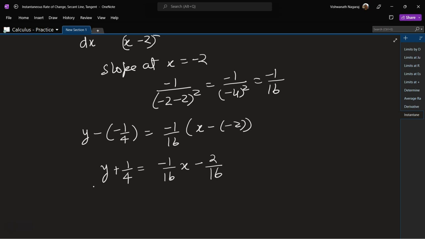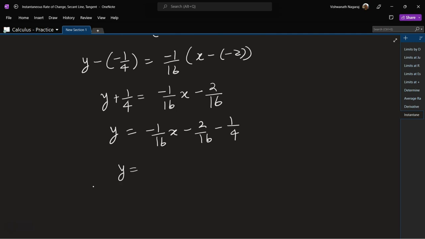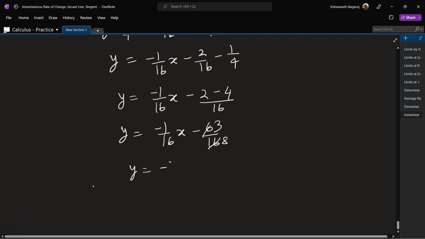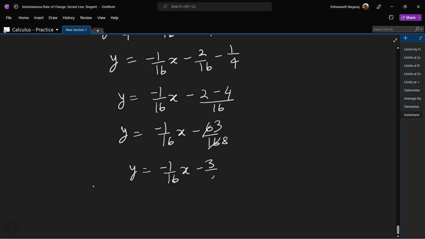So y is equal to minus 1 by 16 x minus 2 by 16 minus 1 by 4, so minus 2 minus 4 fourths, so 4 by 16, which gives us minus 1 by 16 x minus 6 by 16, so y is equal to minus 1 by 16 x minus 3 by 8.